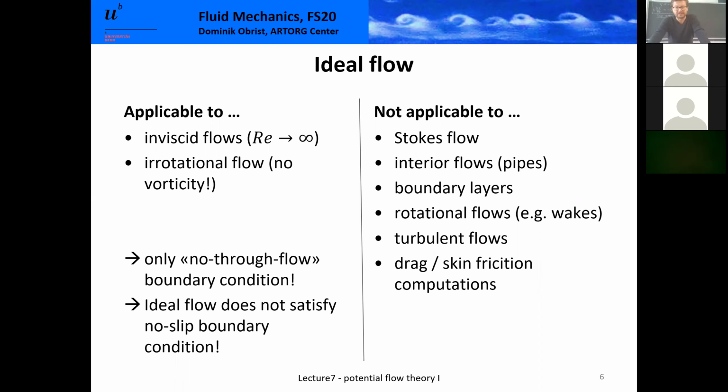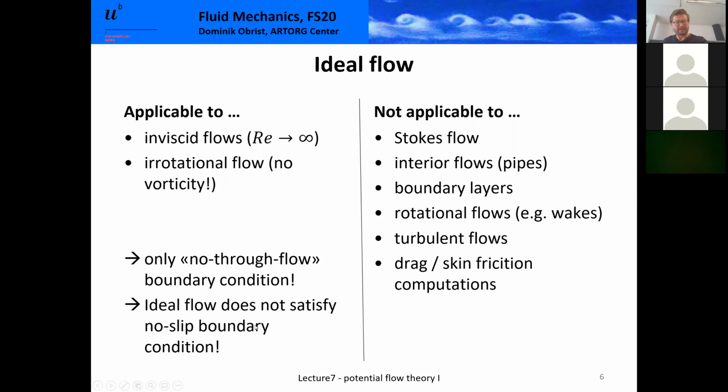You will find both things in books. Ideal flow is applicable to flows that are perfectly inviscid, right, where viscosity goes to 0. Or they're applicable to irrotational flows, so no vorticity, like what we have outside of a boundary layer. Even though the fluid itself is viscous, we have an outer flow which has no vorticity.